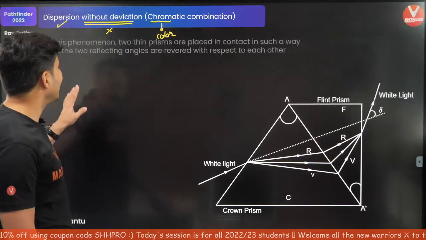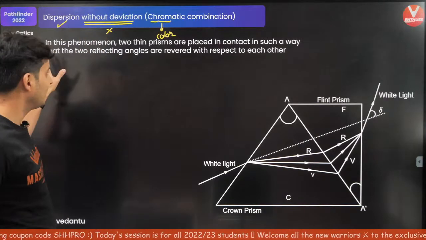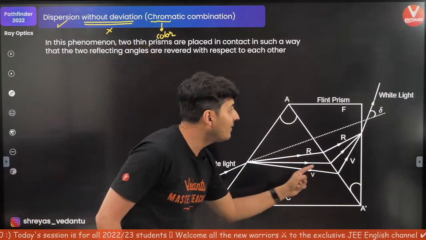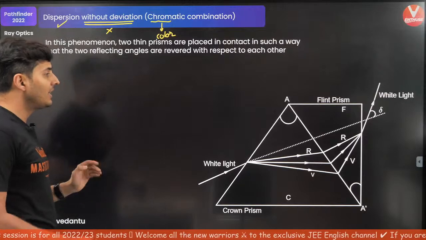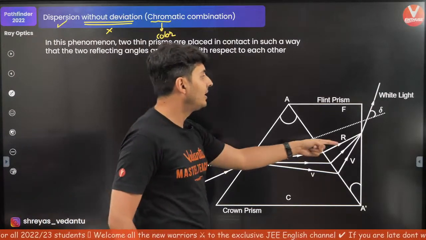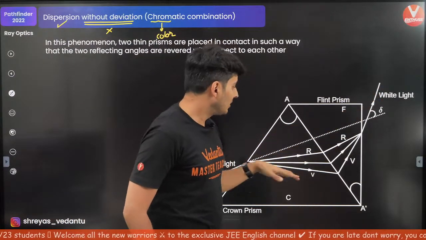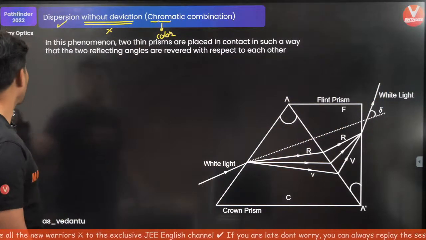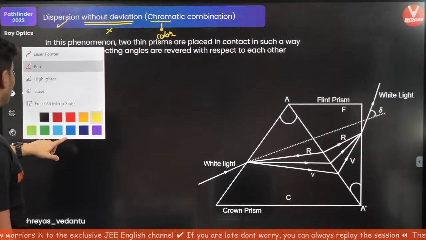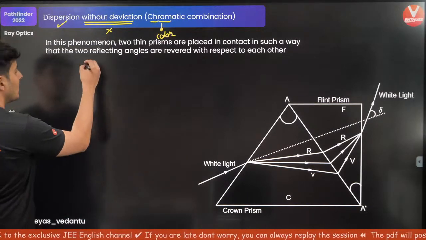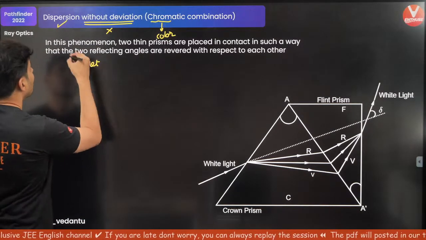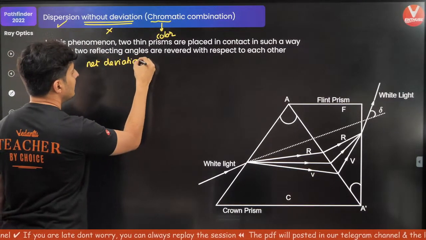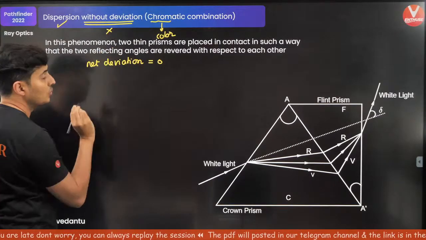In this kind of chromatic combination, the placement of the prisms is such that the average color will not have any deviation. So the final delta will be 0, no net deviation. Here is how I should write this down: the net deviation is 0 because there is no deviation.